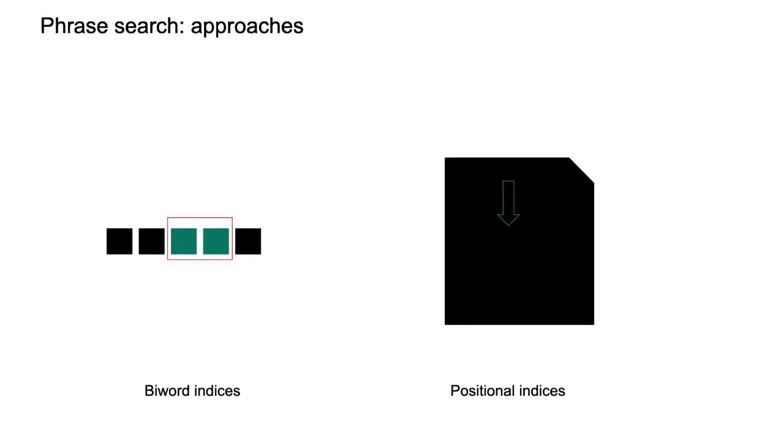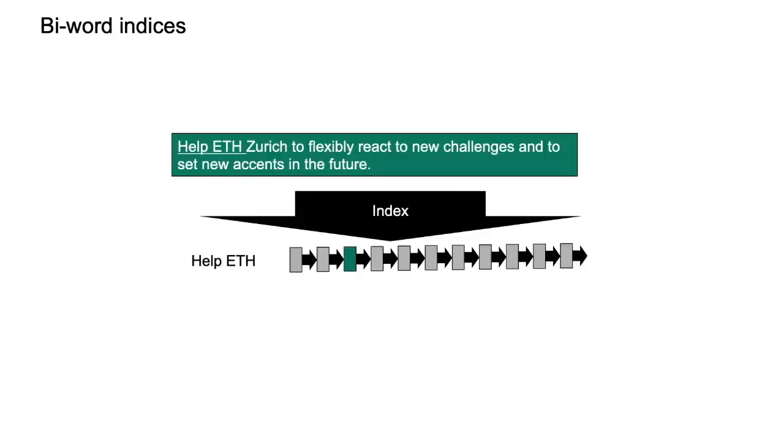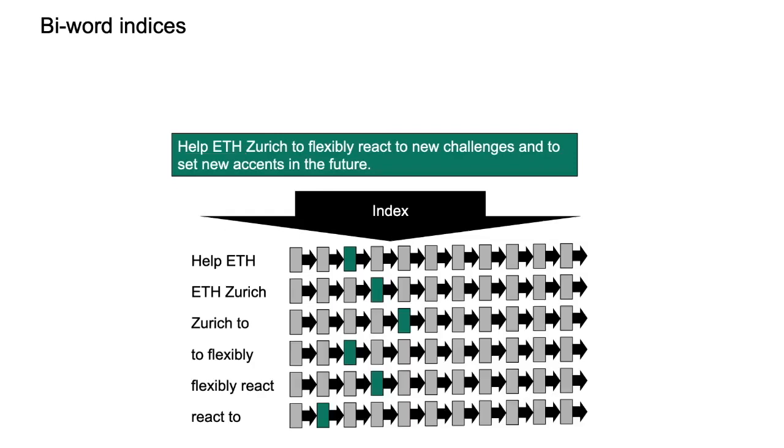So there are 2 ways that you can extend the system. The first way is with biword or keyword indices, and the other way is with positional indices. So what does that mean? It's very intuitive, you will see. Biword indices means that instead of indexing term by term, you have a sliding window of k terms, 2 in that case. So here you have help ETH, ETH Zurich, Zurich 2, 2 flexibly, flexibly React, you just move the window.